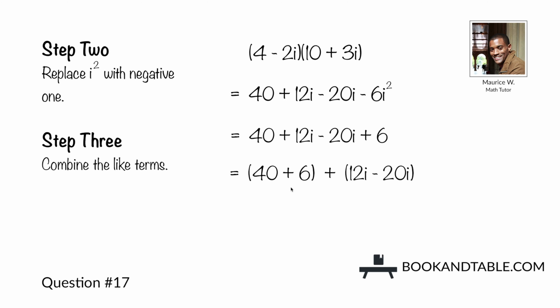So now we can solve. 40 plus 6 is equal to 46, plus 12i minus 20i is equal to negative 8i. So the product of 4 minus 2i times 10 plus 3i is equal to 46 minus 8i. And that is the answer to question number 17.